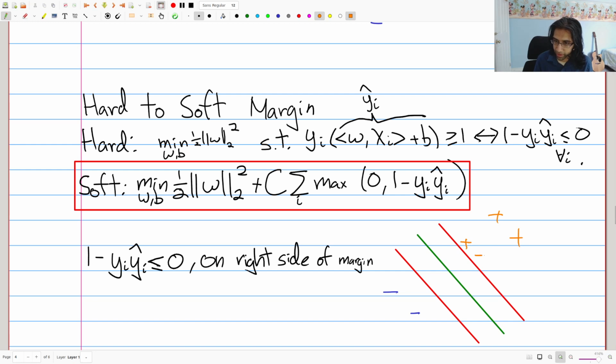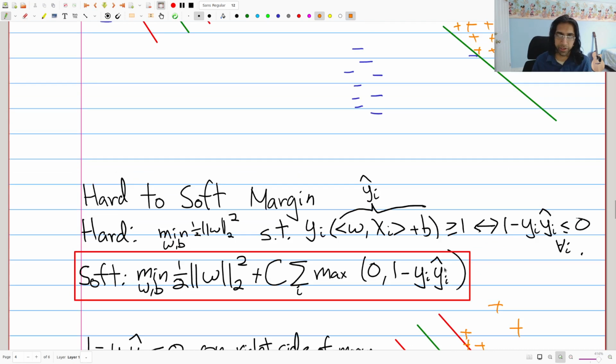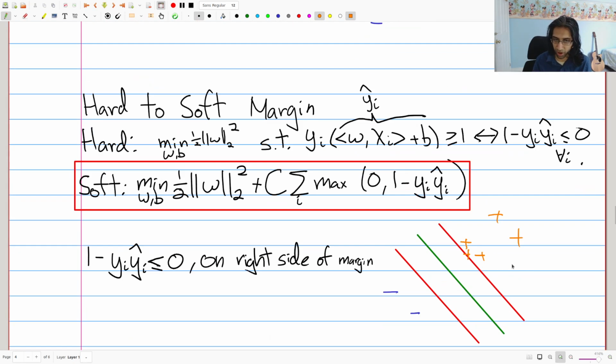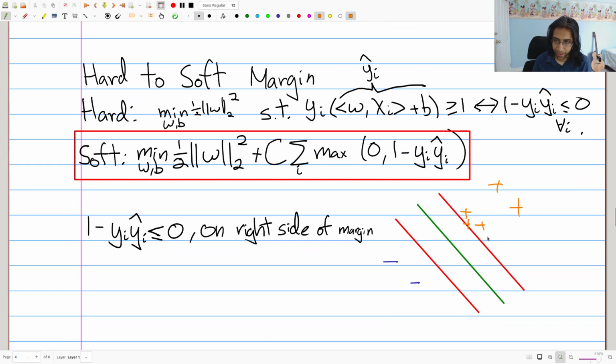So okay, these points here are things sitting on the margin. You'll recall that this looks very similar to the picture that we had before of hard margin SVM. Everything that is on or beyond this line is going to have 1 minus yi hat less than or equal to 0. So for these ones, the loss function pays a 0.